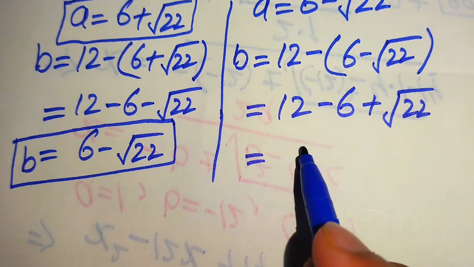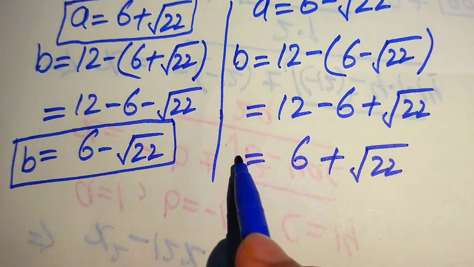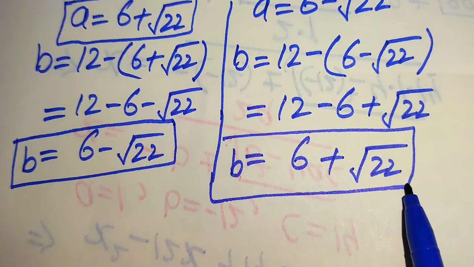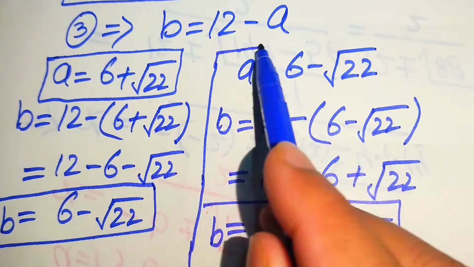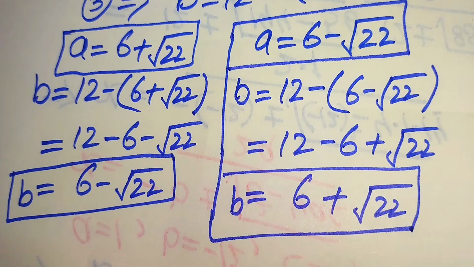And further we have 12 minus 6 becomes 6 plus square root of 22. So this is the value of b which we get here, and the corresponding value of a is this. So these are the two ordered pairs of solutions of this problem.